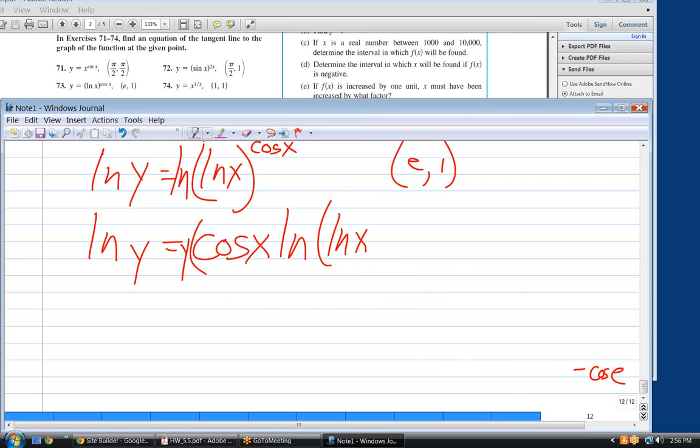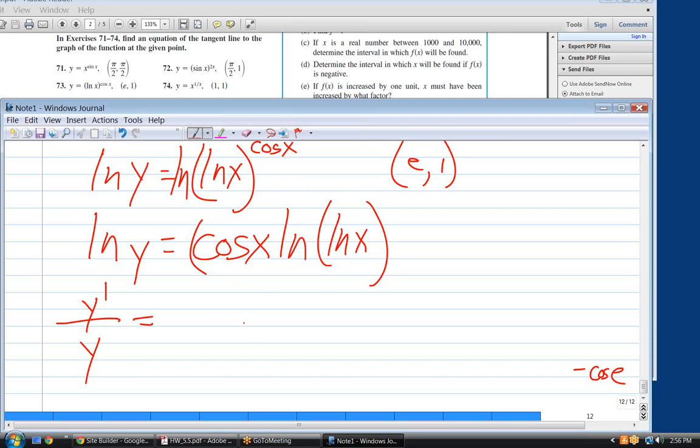Oop, I shouldn't have erased her answer. Okay. So I took the natural log of both sides. Now I'm going to differentiate both sides. Okay, I didn't use the product rule and I'm supposed to. I jumped straight away. I differentiated the left side and I didn't do anything to the right side. Okay, so that's where I went wrong.